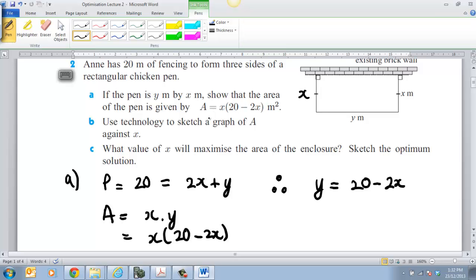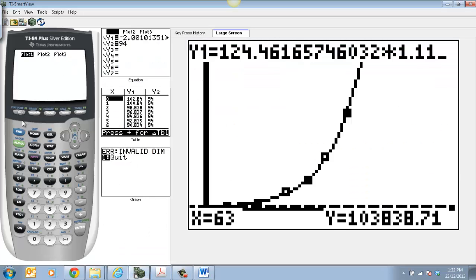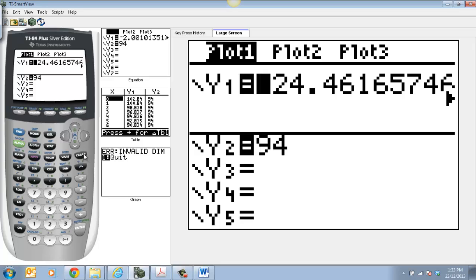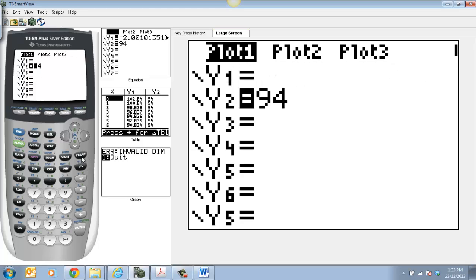Now the reason why I give you that is so if you couldn't do that connection over here, where we see that the y value is equal to this, if you couldn't find that, and I expect you should be able to find that, then you can go on to the next part of the question. So use technology to help sketch that. So if we go to our calculator, we can put it into our calculator exactly as we see there. Now I need to clear all those things, of course.